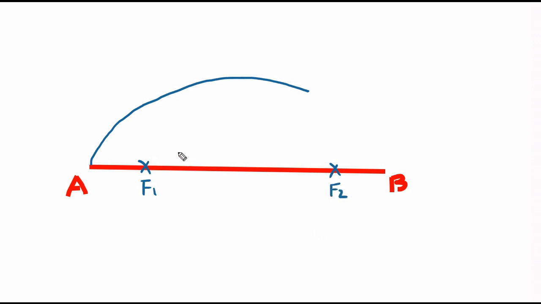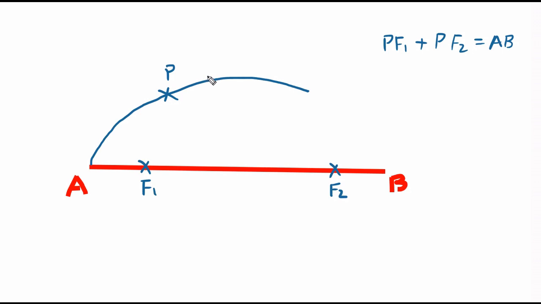Now as per the definition, let's consider a point P on the ellipse. The distances of point P from the two focus points are PF1 and PF2. The summation of these two distances, PF1 plus PF2, should be equal to AB.